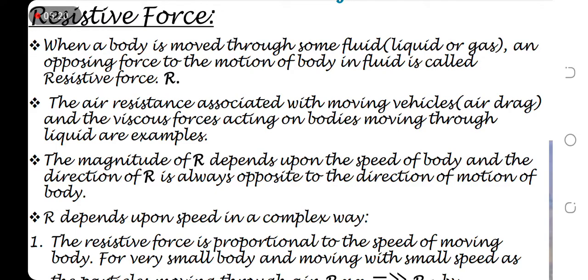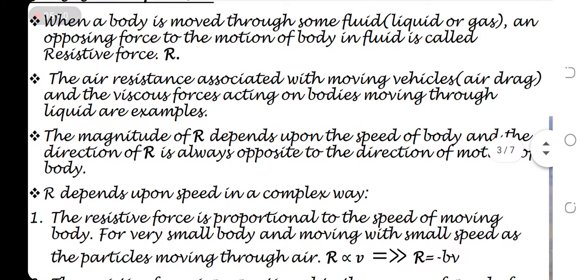The air resistance associated with moving vehicles can also be named air drag. And the viscous drag, the viscous forces acting on bodies moving through liquid, are the two examples of resistive forces.